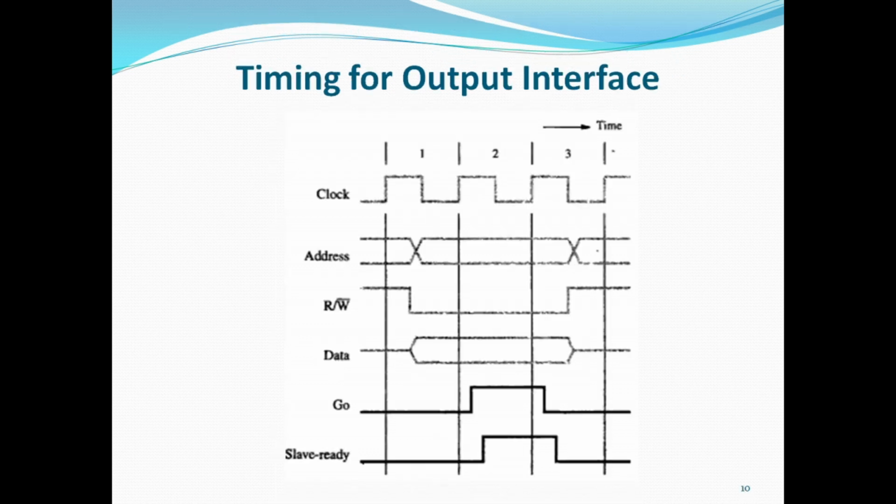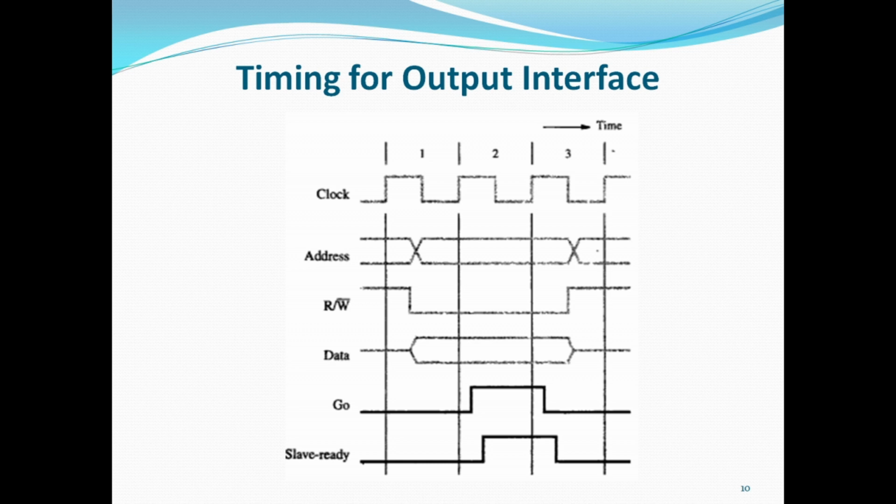Here you can see a timing diagram for an output operation. Here the processor sends the data at the same time as the address in clock cycle 1. The timing logic sets G0 to 1 at the beginning of clock cycle 2.